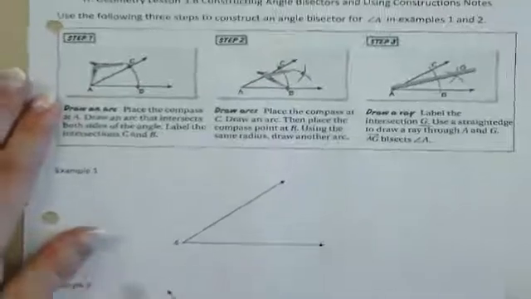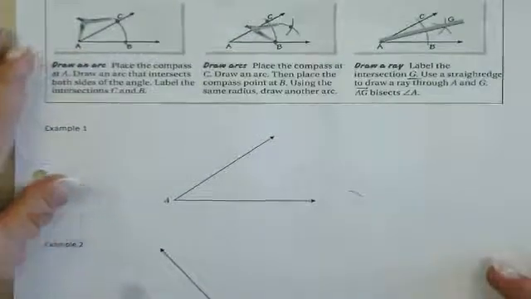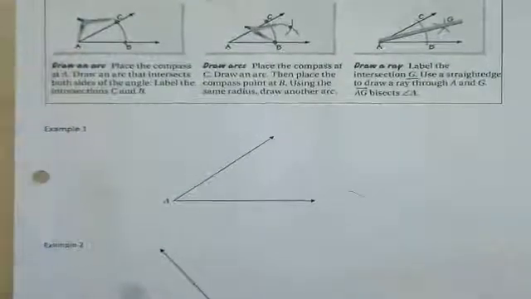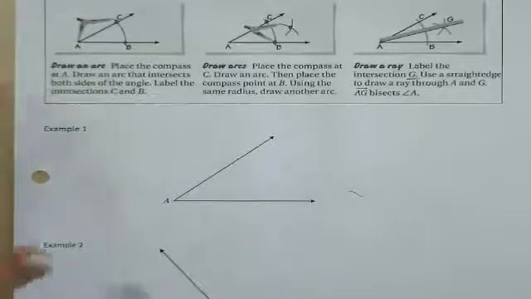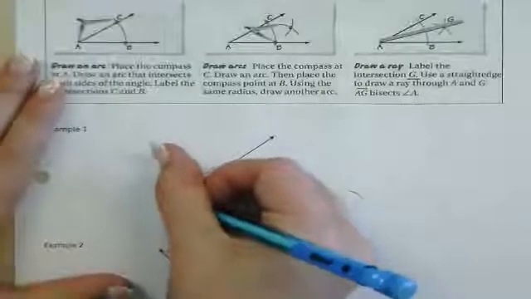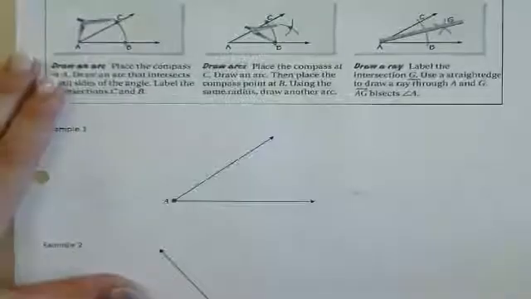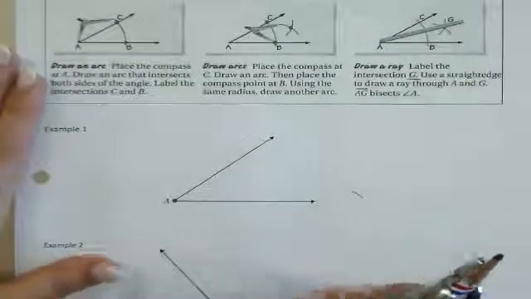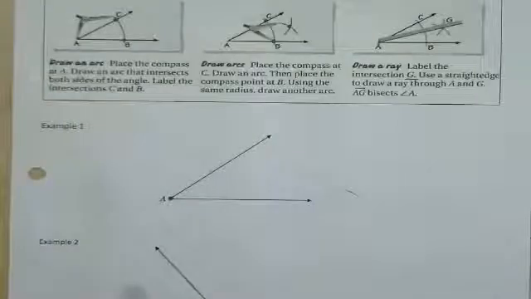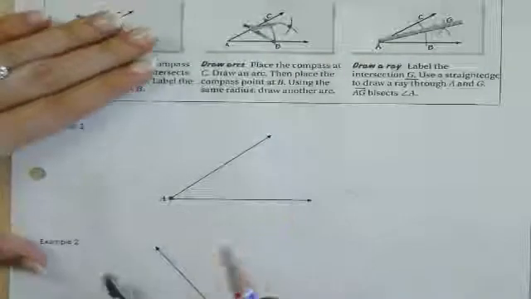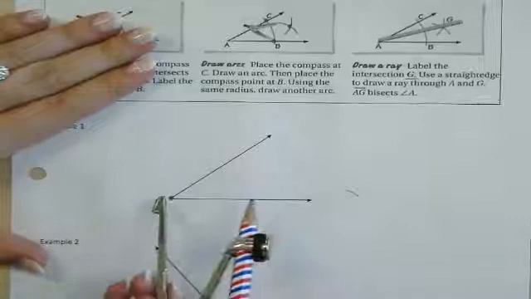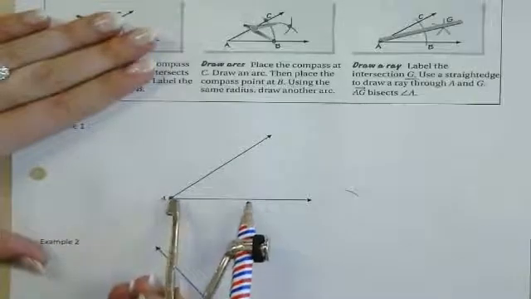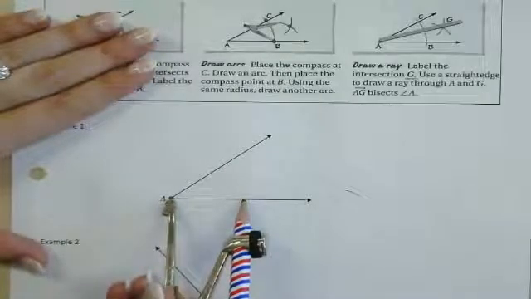All right, so let's use that to help us construct a bisector for example 1. The first step is to take our compass and put it on point A, and your pencil end anywhere on that bottom line, doesn't matter where, kind of like our first step when making a congruent angle.